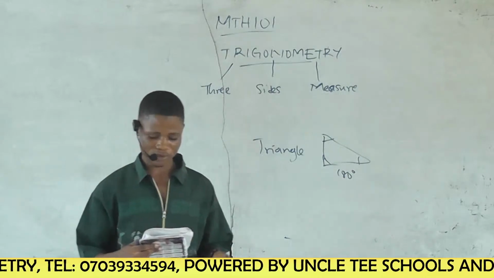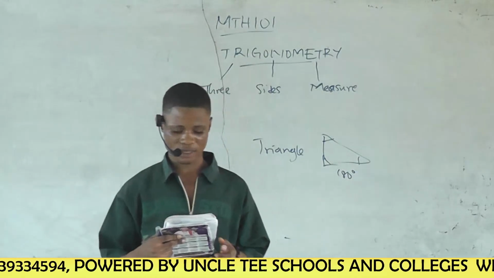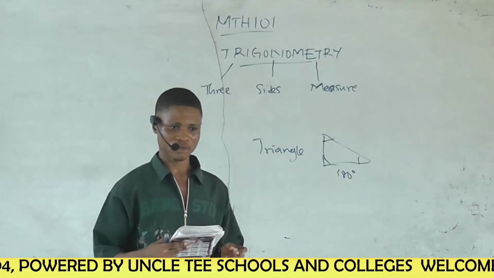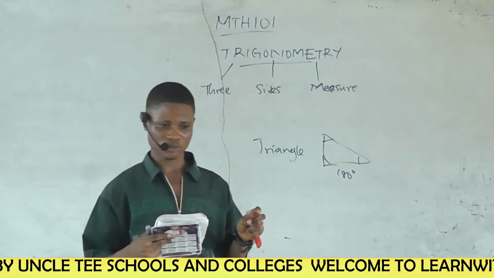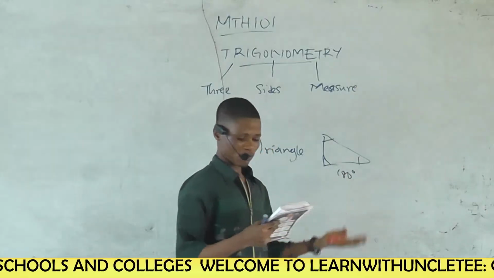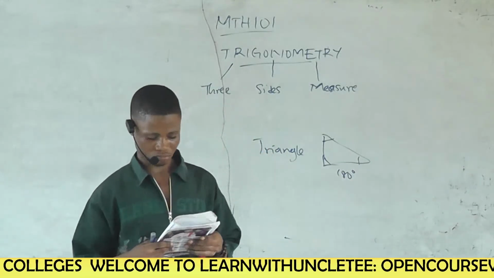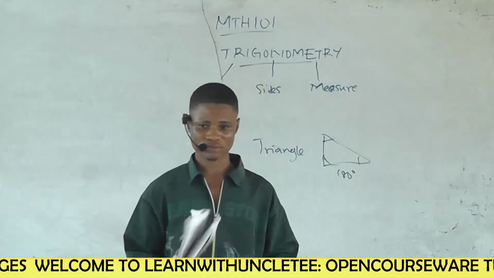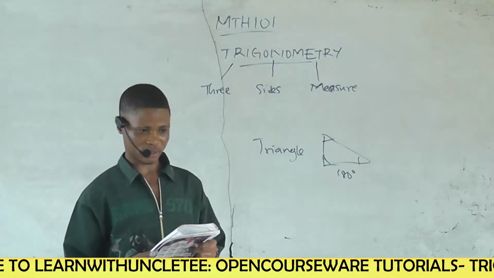So a triangle in general, all triangles possess shape and size. The shape of a triangle is governed by 3 angles, which always add up to 180 degrees. Like I told you, we have different types of triangle. We have isosceles, we have equilateral.